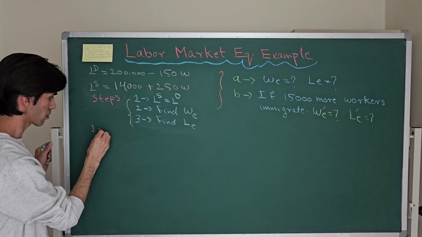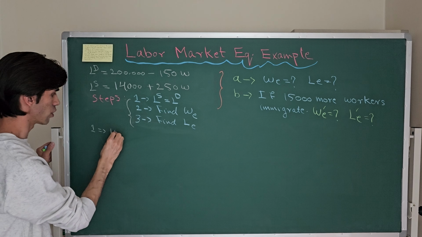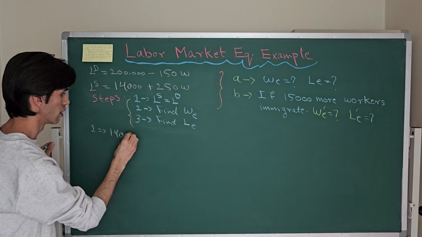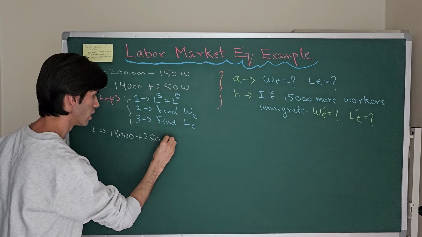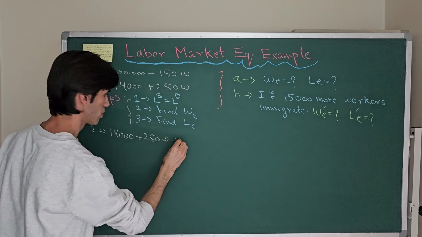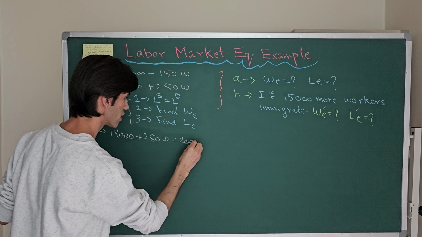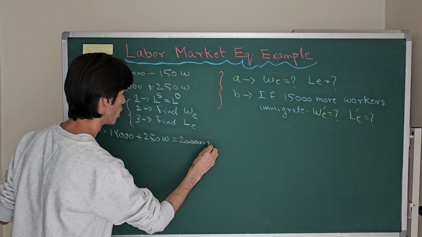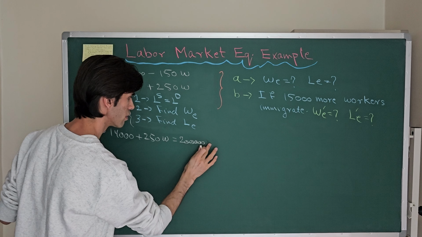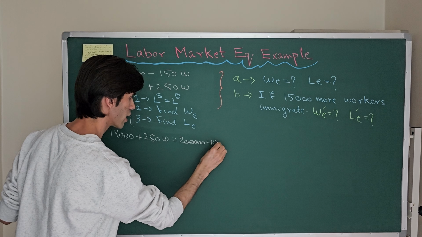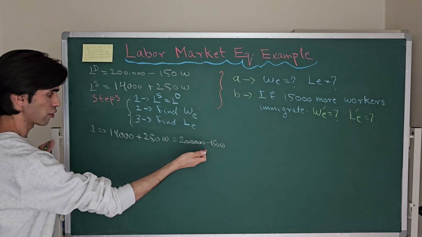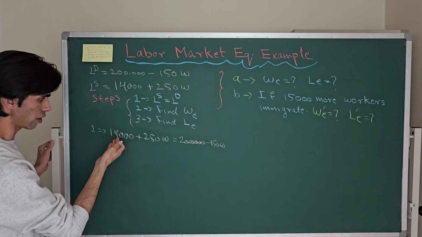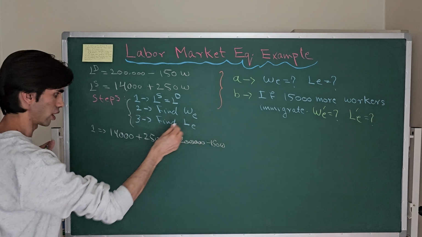When labor supply, 14,000 plus 250 W, should be equal to 200,000 minus 150 W. Then move the expression with W to one side and the constant or fixed numbers to another side.